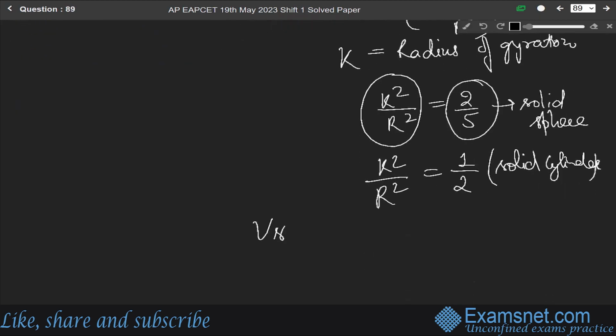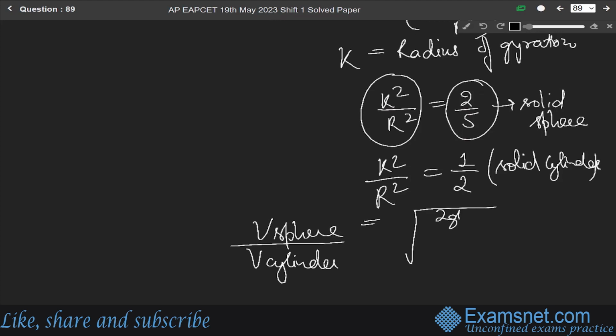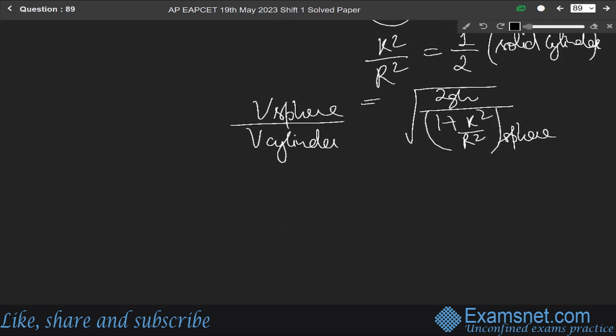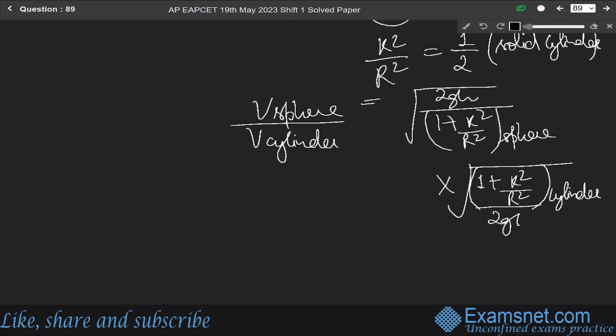So v sphere over v cylinder will be equal to under root of 2gh over 1 plus k square over r square, this is for the sphere, and multiply this with 1 plus k square over r square for the cylinder over 2gh.